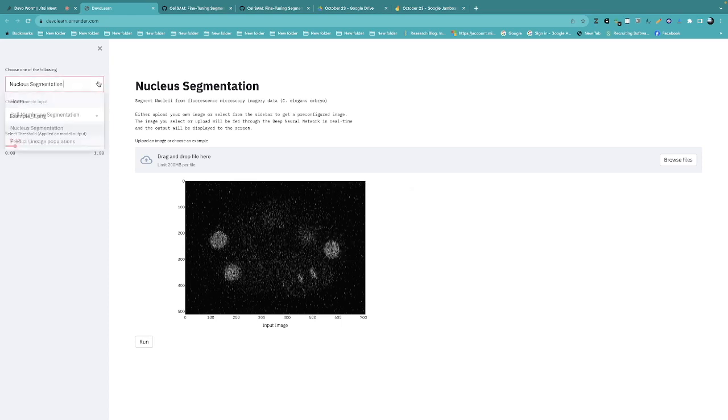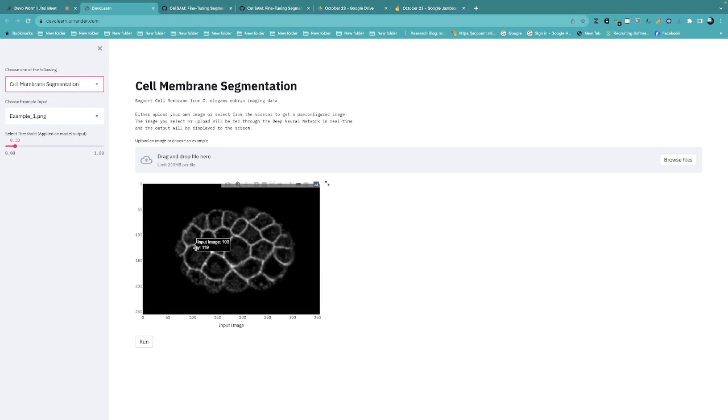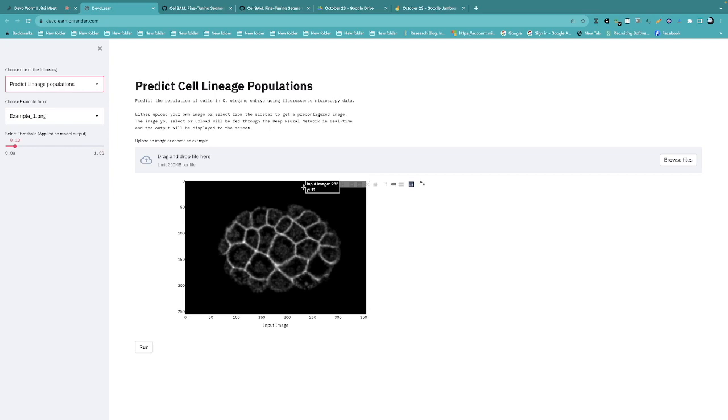Looking at the cell membrane segmentation, we don't really have a good stain for nuclei. Sometimes people will put in a nucleus stain, so something will get expressed in the nucleus and have a fluorescent signal, and that signal will be quite focused. So you can segment by that if you have the images. Some data sets use nucleus staining, some use membrane staining, so that's just a matter of getting the right data set, or you have the option to do that.